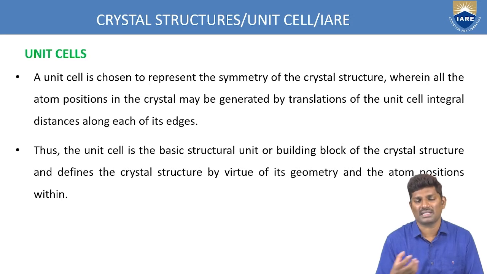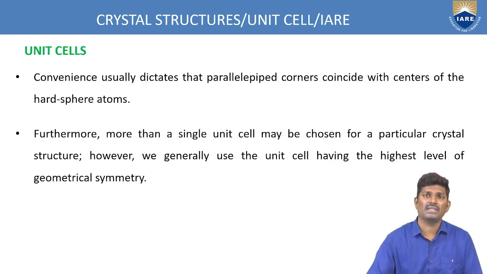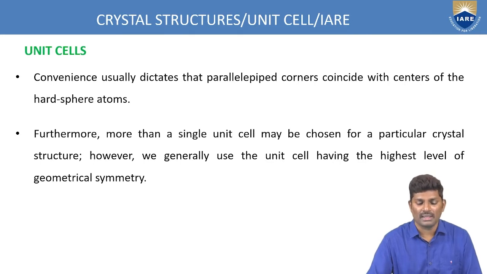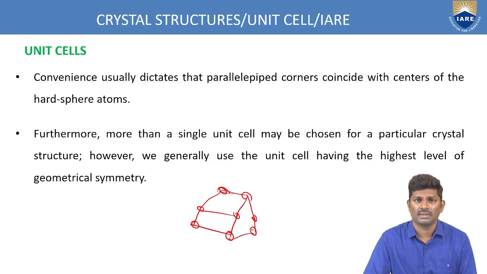So that's why the unit cell is the basic structure of the unit. Depending upon that basic structure only, you try to get the complete structure of the element we are considering. This is conveniently used to dictate the corner sides which coincide. Once you know the unit cell, we can easily find out which corners coincide and where we get hard sphere atoms.